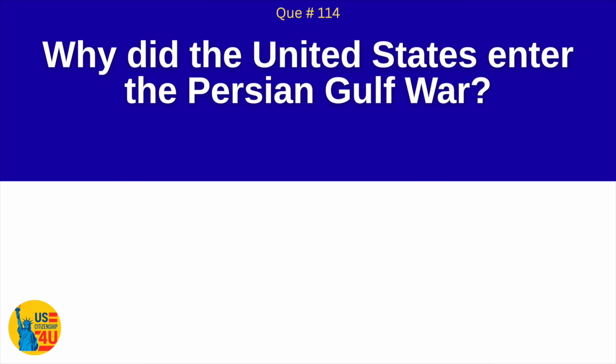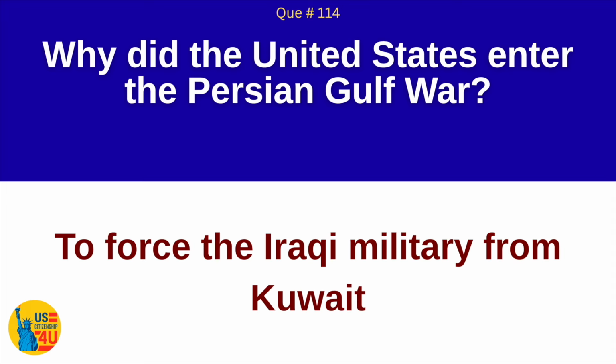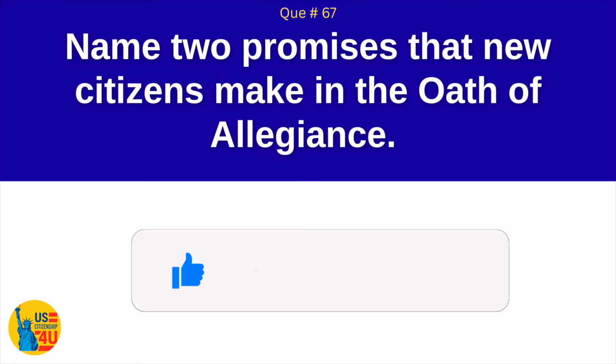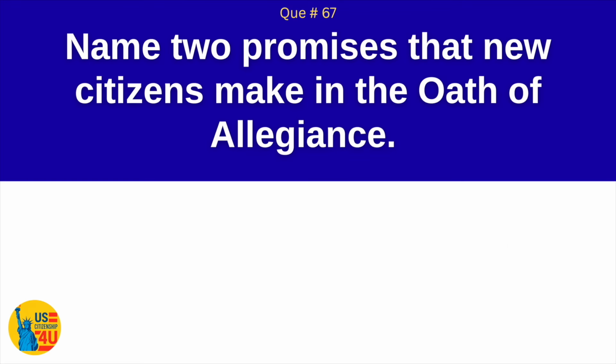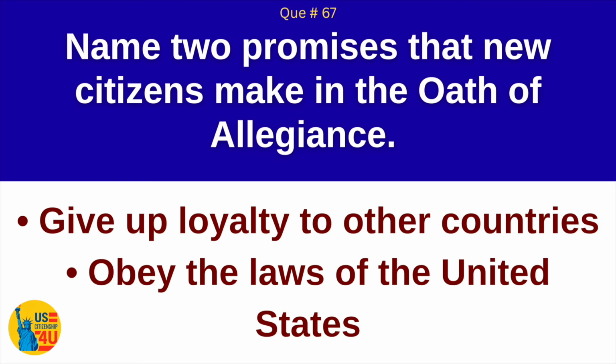Why did the United States enter the Persian Gulf War? To force the Iraqi military from Kuwait. Name 2 promises that new citizens make in the Oath of Allegiance. Give up loyalty to other countries.